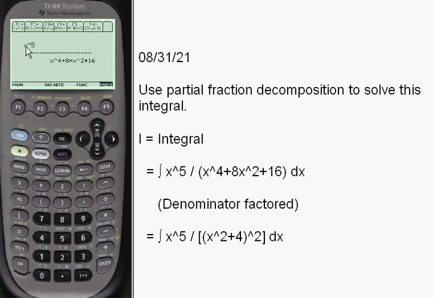So we set it up like this. Here's x^5 divided by this here, right? The first thing we do, we divide x^5 by x^4, which equals x. So that's the quotient, the first answer. You put that on top, as you do with any long division. You put the x on top.